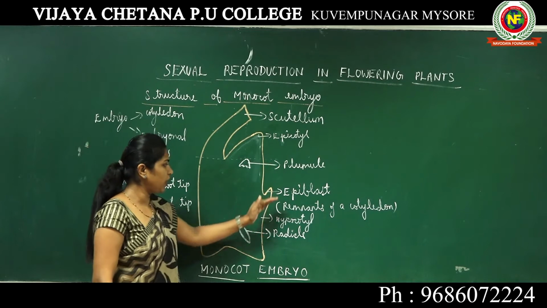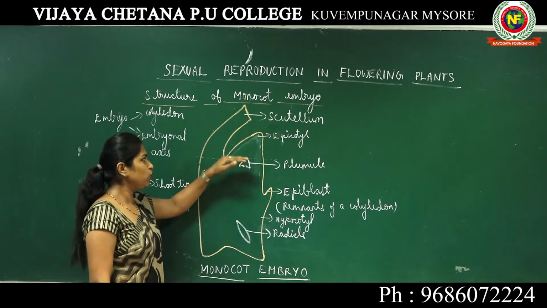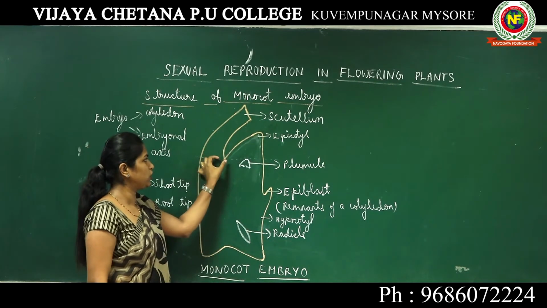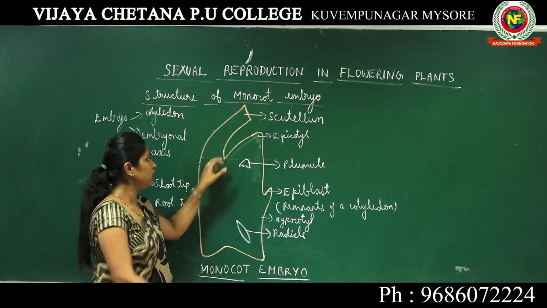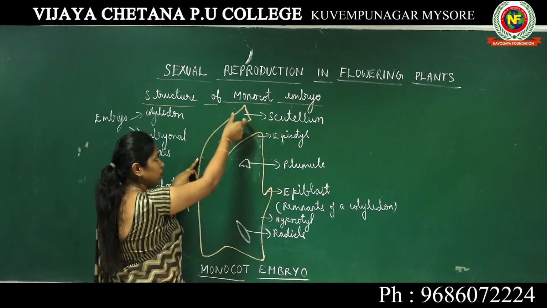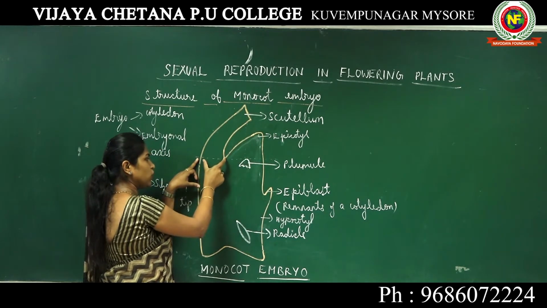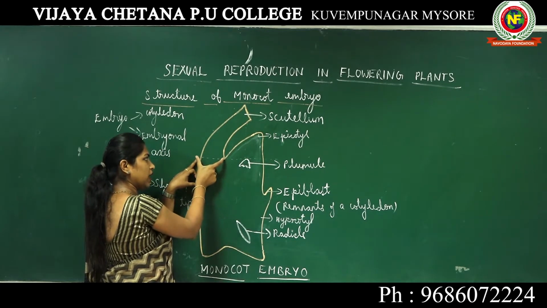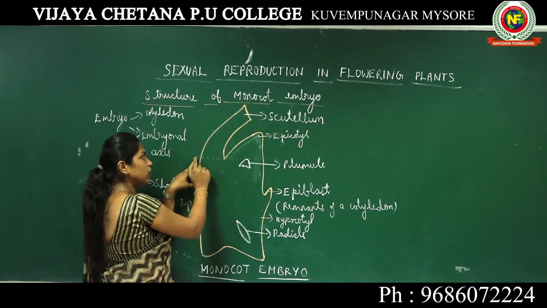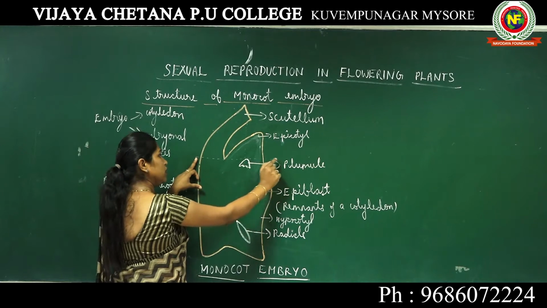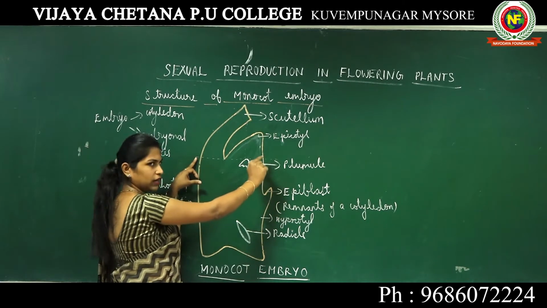The part of the embryonal axis which lies above the level of cotyledon. So this is the level of cotyledon because this is where the cotyledon has come and attached. Okay, cotyledon is present here, so this level is known as the level of cotyledon.